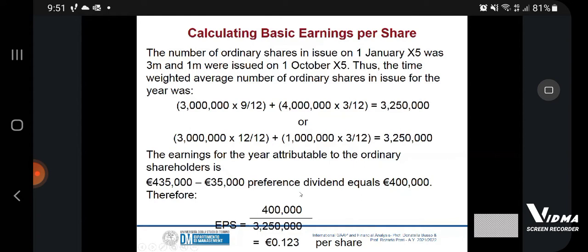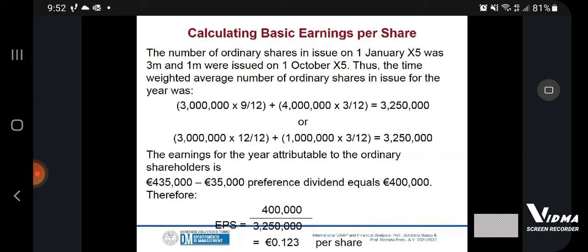Don't be intimidated by all the figures that are in there. We're going through that step by step. In order to calculate earnings per share, right here at the end, I need basically two things. First, earnings that are available to shareholders. This is the numerator, the figure above in the ratio. And then something else that I need is the weighted average number of shares, taking into consideration the time period they have been in issue.